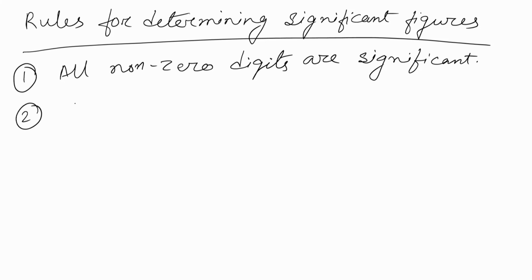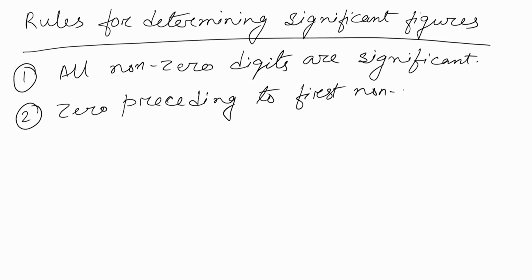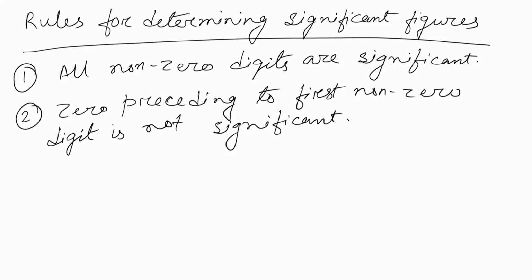Rule 2 is 0 preceding to first non-zero digit is not significant. Okay, so 0 on the left of the first non-zero digit is not significant. Let's say 051.